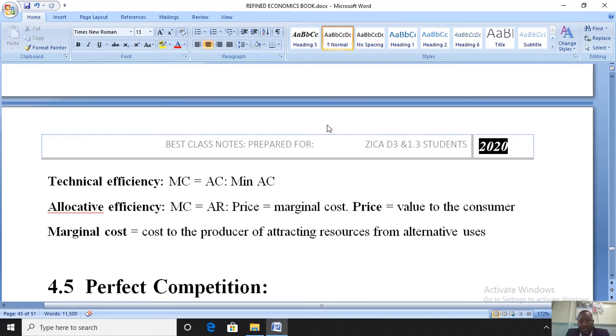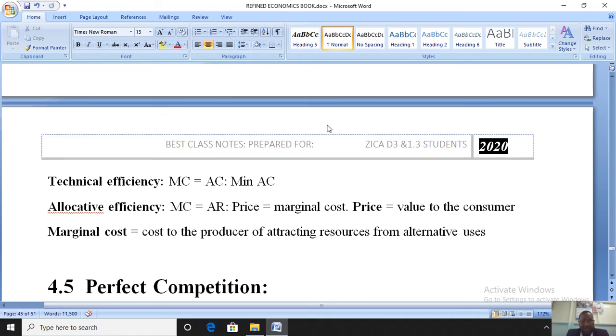Remember, we linked that marginal cost cuts average cost at the minimum point of average cost. So where marginal cost equals average cost, it means that the firm has reached the minimum of its costs, or the firm is efficient in the use of the resources.